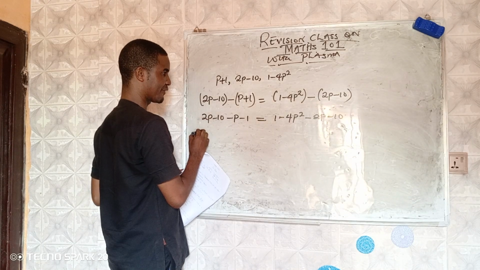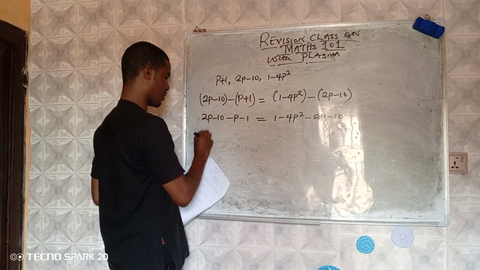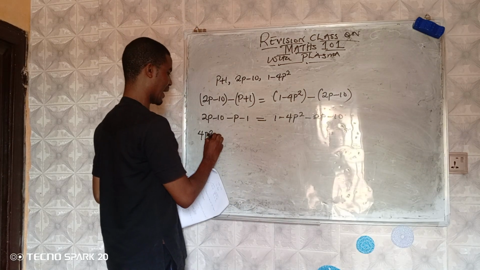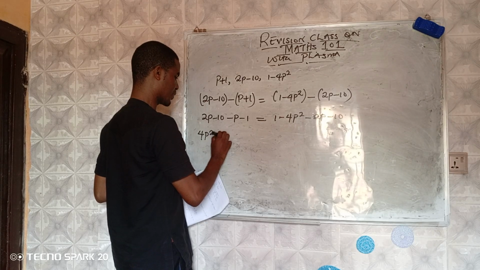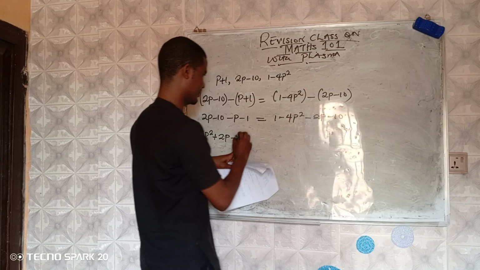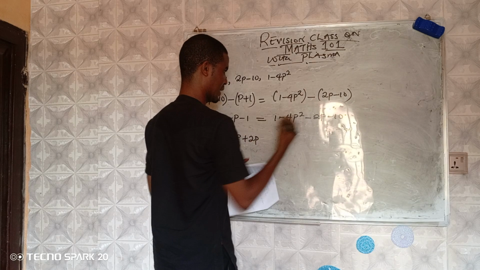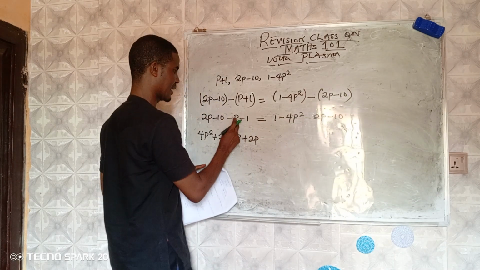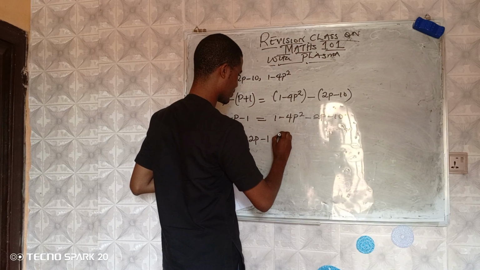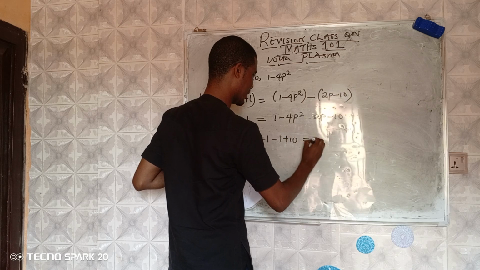First of all, I have 4P squared. There is no other P squared. The next ones are plus 2P, minus P, plus 2P, and that's all for P. Then I have minus 1 plus 10, all equals to 0.